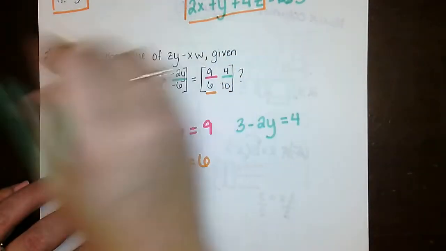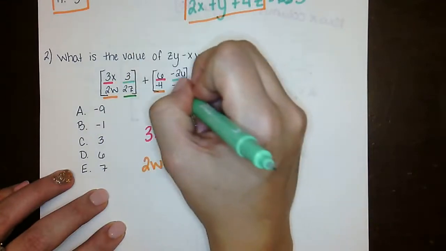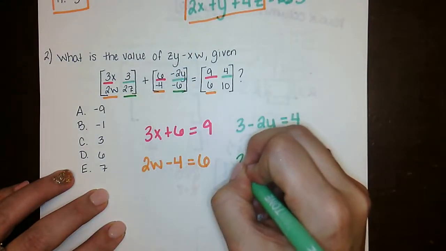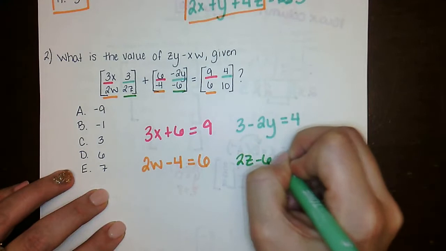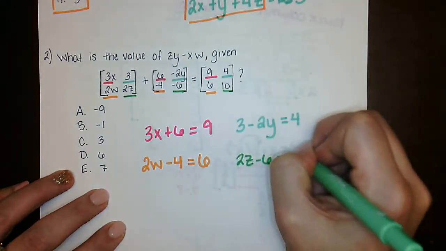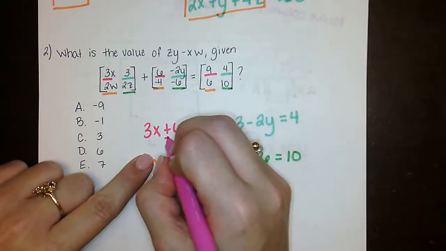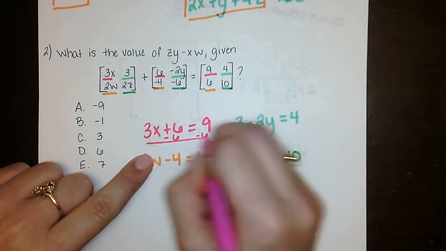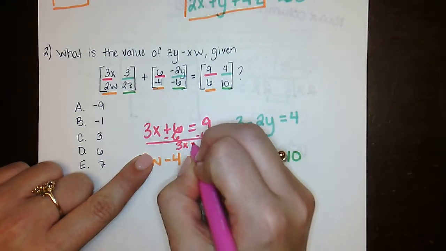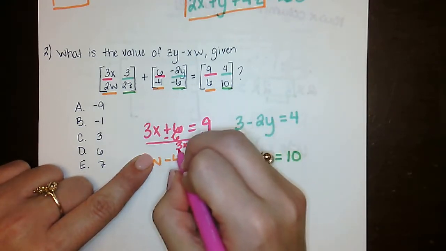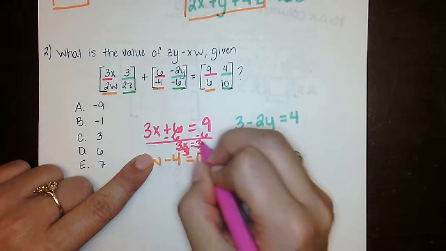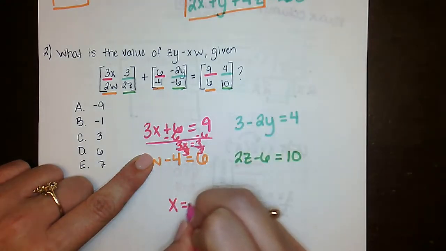And then 2z minus 6 equals 10. Then all we do from here is just solve. So we subtract 6 on both sides. 3x equals 3, divided by 3, and x equals 1.